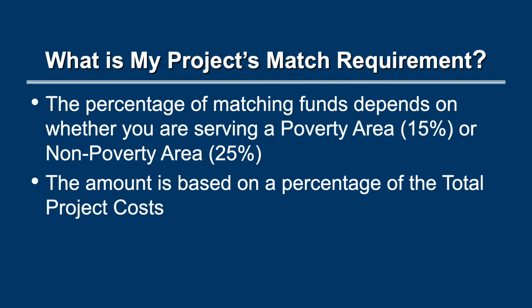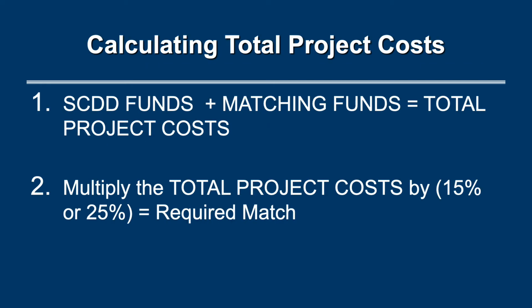What is the total project cost? How is it calculated? To calculate the total project costs, you add together the amount of funds that you are requesting from SCDD and the amount you are contributing in matching funds. As we previously stated, if you are serving a non-poverty area, you are responsible for 25% of the total project costs, and for poverty areas, 15%.